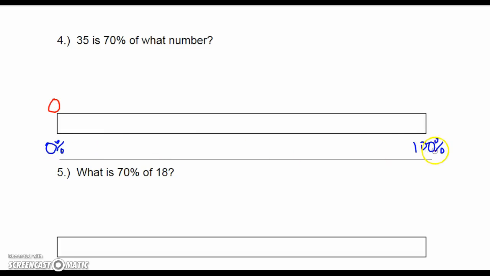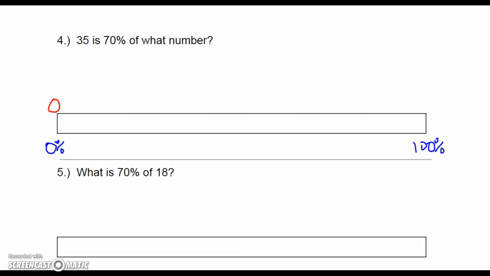So on the bottom part of my double number line I have percents. 0% would be none of that bar filled in. 100% would be all of the bar filled in. On the top I'm keeping track of my quantities, so the numbers from the problem. My problem says 35 is 70% of what number?